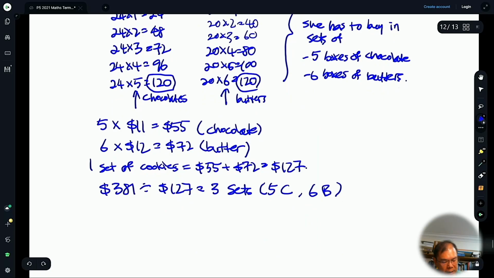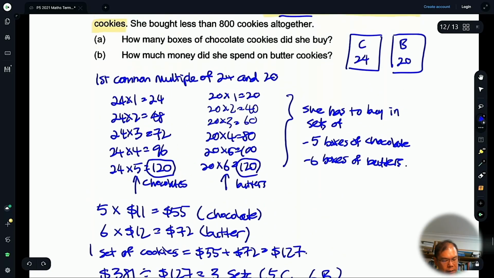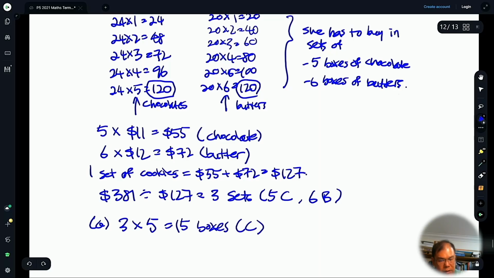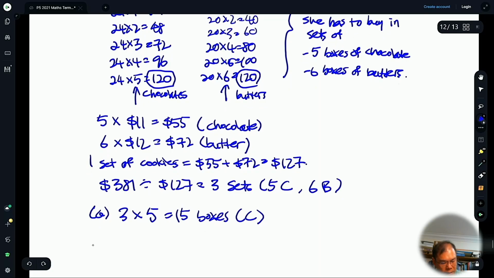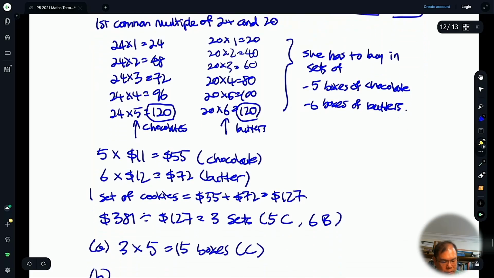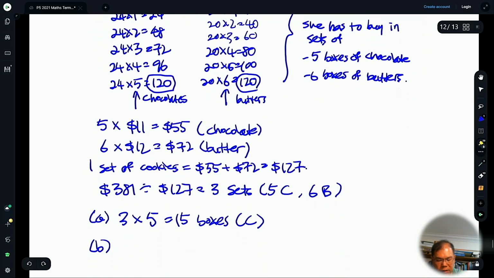So in this case, part A, how many boxes of chocolate cookies did she buy? She bought 3 sets. Each set there's 5 boxes of chocolate cookies, so 15 boxes of chocolate cookies. Alright. Now part B, how much money did she spend on the butter cookies? So how many boxes of butter cookies did she buy? 3 sets.